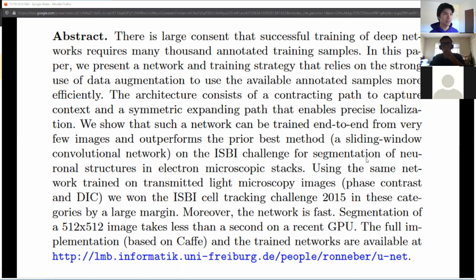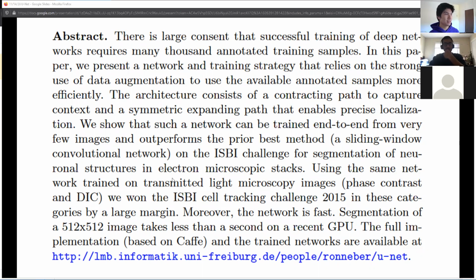On the ISBI challenge for segmentation of neuronal structures in electron microscopic stacks. So the authors of this paper are people in the biomedical field, and the data that they're working with are all these biomedical scans, like CT scans and that kind of stuff.